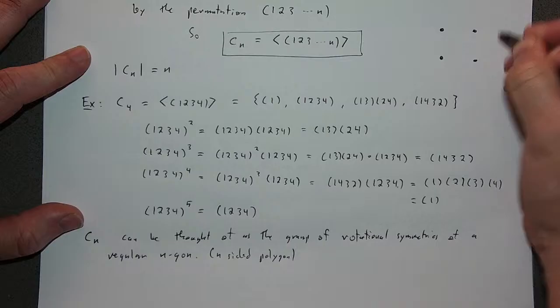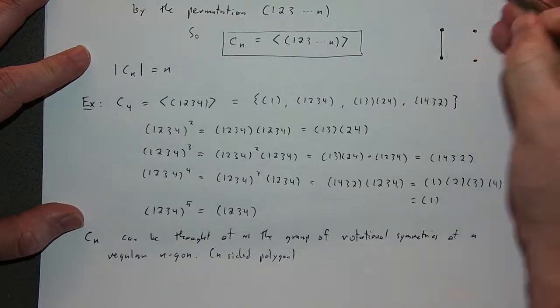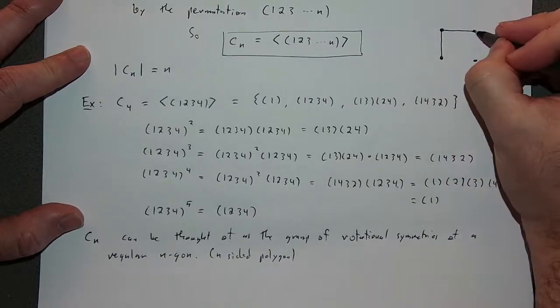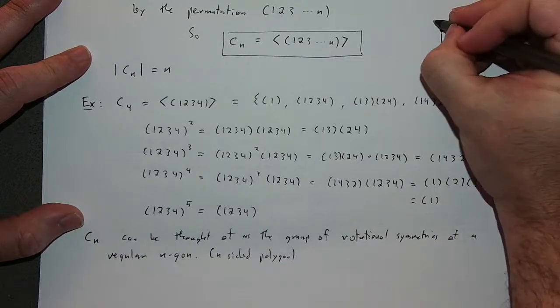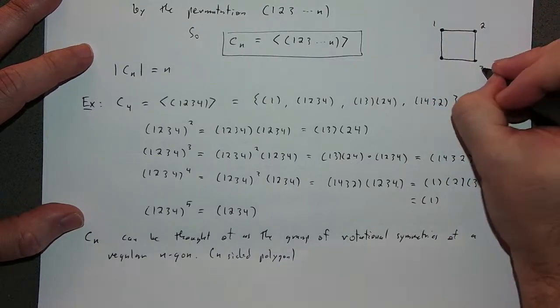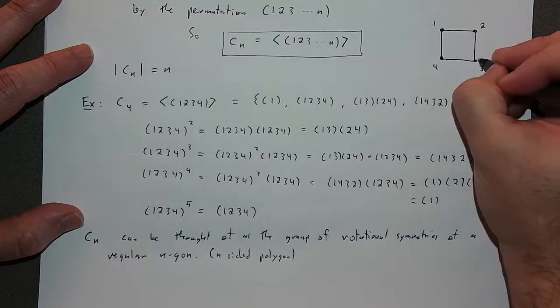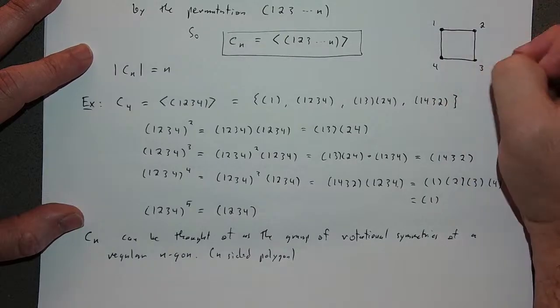So here's a regular four-gon, which is just a square. And I can label these vertices of the square clockwise in this way, 1, 2, 3, 4 here.